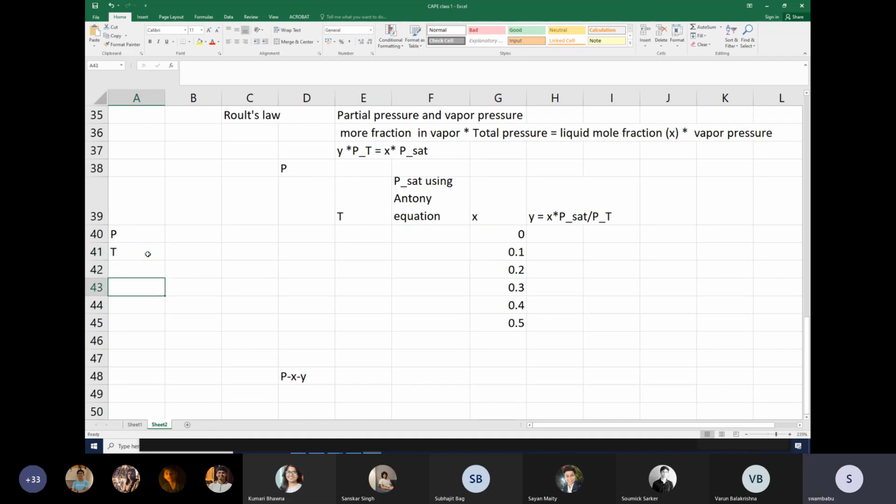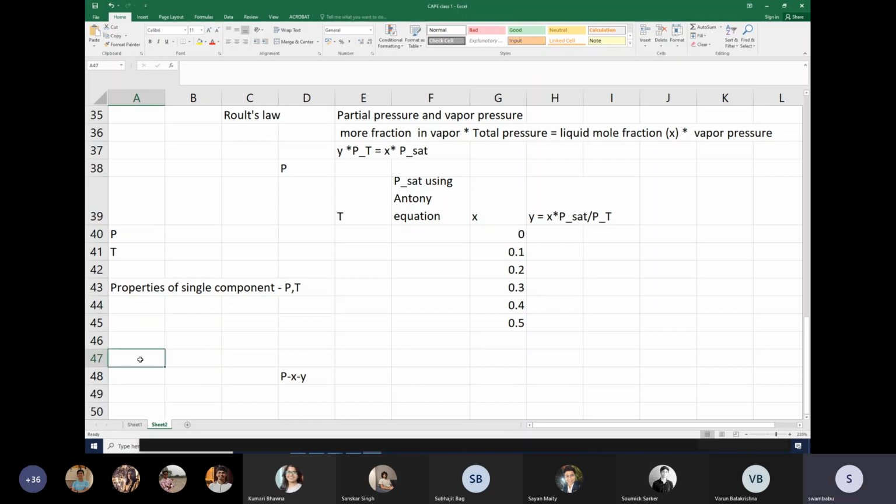Now, for the properties of a single component, I need to know two variables, let's say pressure and temperature, or pressure and volume, to find out the property. So here, either we vary one property, or we have to vary two properties, which determines the number of dependent variables or number of independent variables.